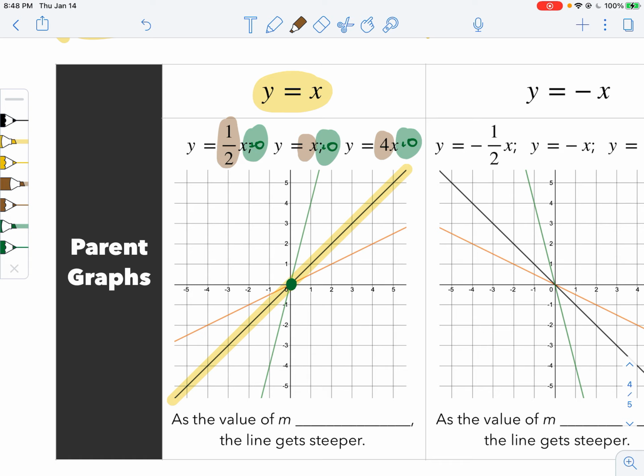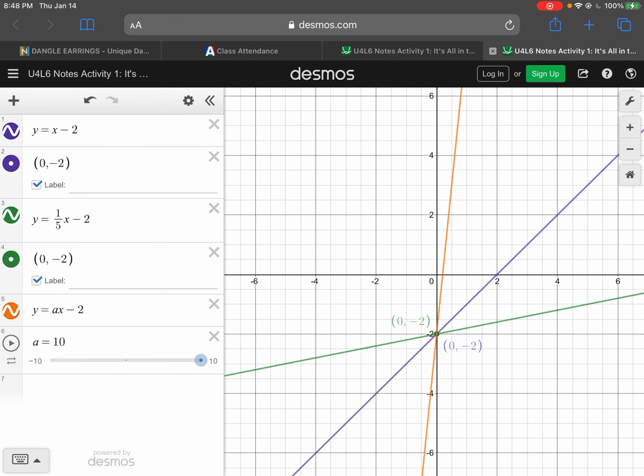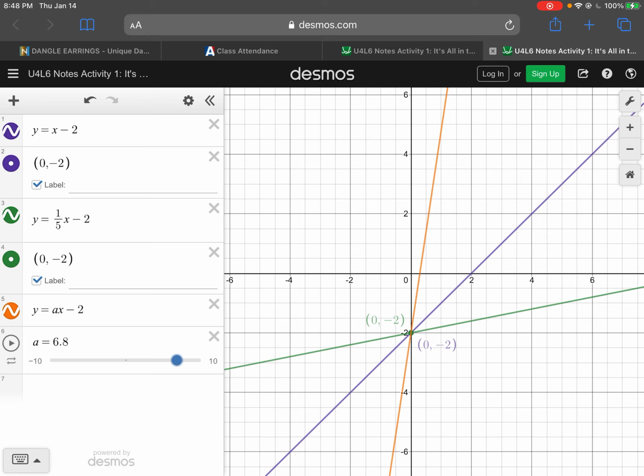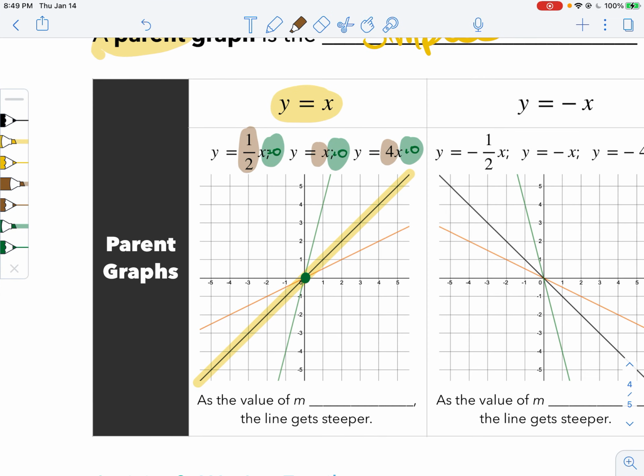As we saw earlier with our demonstration, as our slope gets bigger, the graph gets steeper. And as our slope gets smaller, the line gets flatter, less steep. Is that a word? It is now.